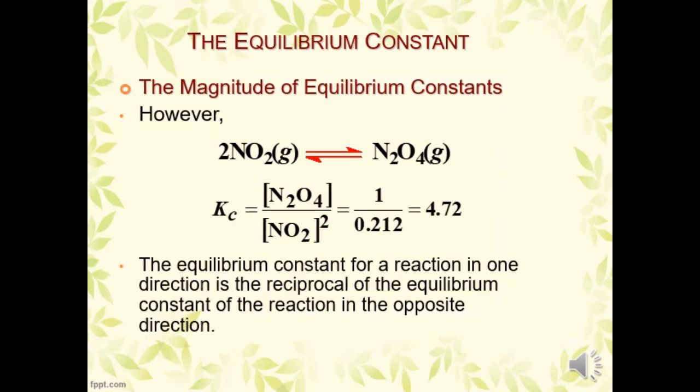If we reverse the reaction, the equilibrium constant for the reverse reaction would be the reciprocal of the equilibrium constant for the previous value just now. So it will be 1 over 0.212.